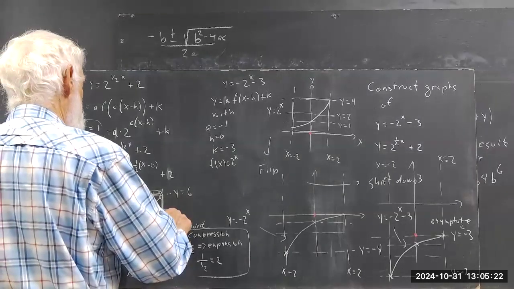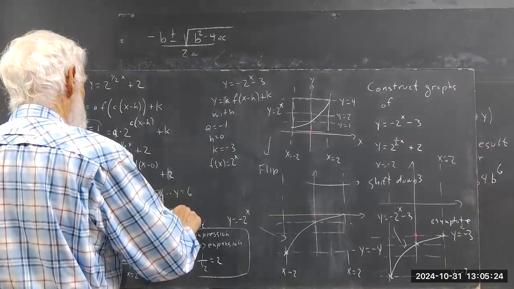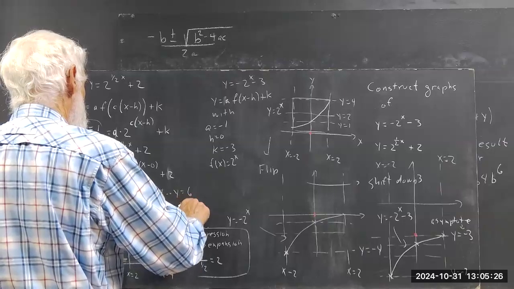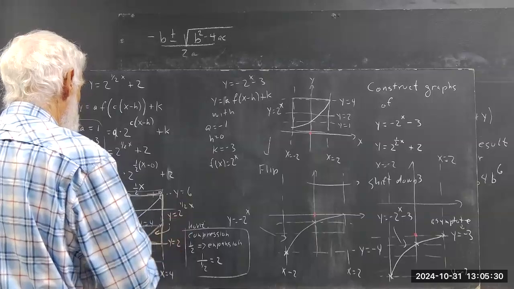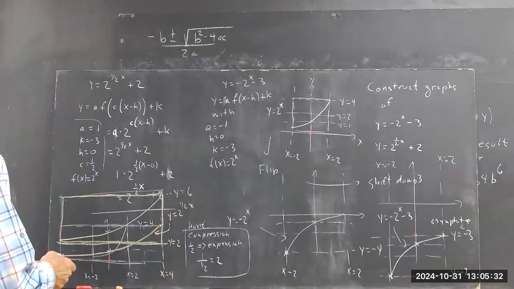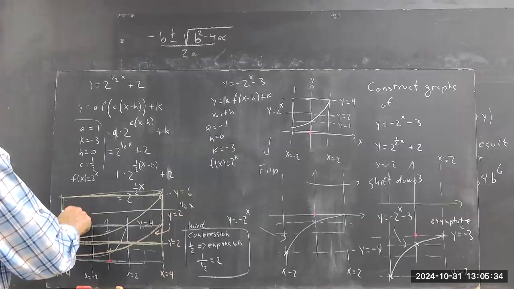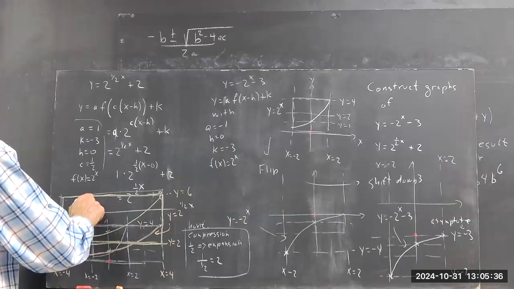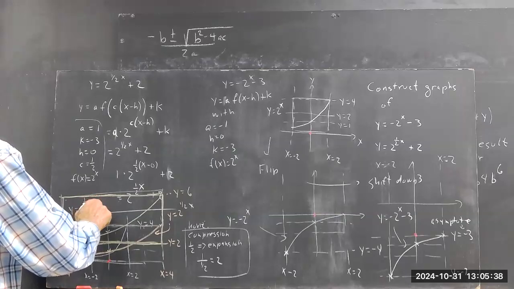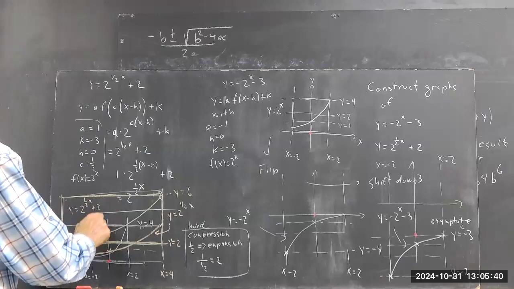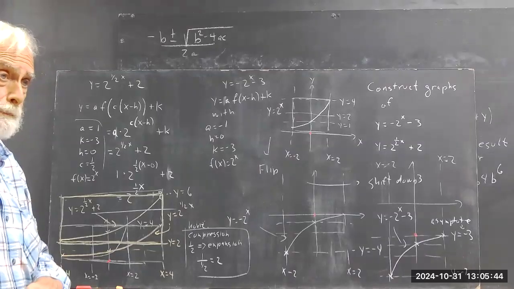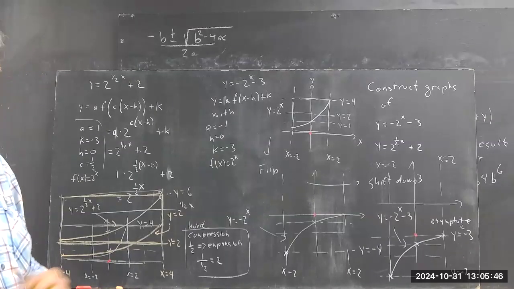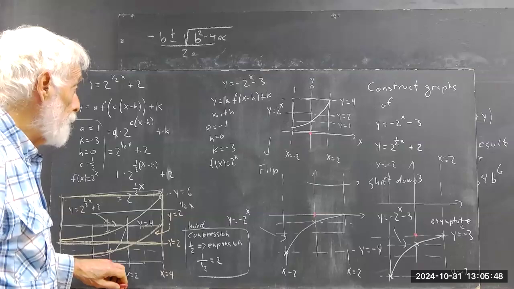This graph would be y equals 2 to the 1/2 x. This graph is y equals 2 to the 1/2 x plus 2. Does that halfway make sense?